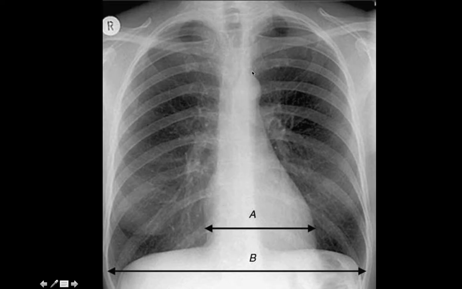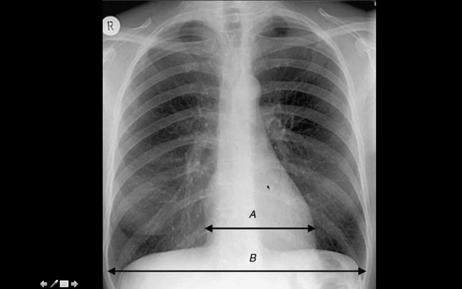The total measurement would be the measurement of this line plus the measurement of this line. So the total distance would be the summation of this and this, not a straight cut, because on this side this is not the highest bulging point of the right heart border.